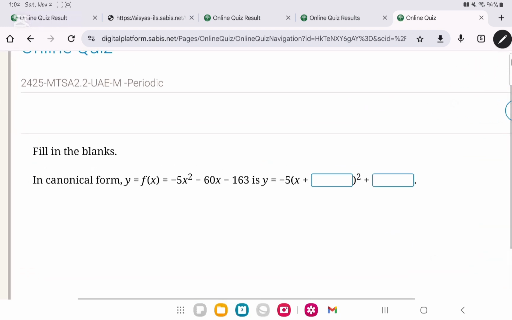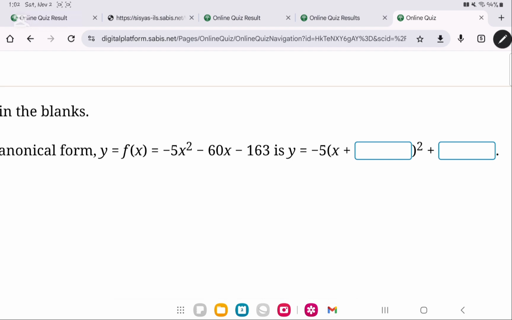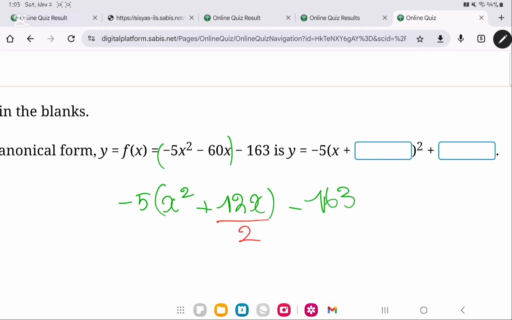They need it in canonical form. In canonical form, we're gonna factor these. We're gonna take minus 5 outside, so we get minus 5 x squared plus 12x minus 163. Then over here, you're gonna divide it by 2. You're gonna get 6. 6 squared is then 36.